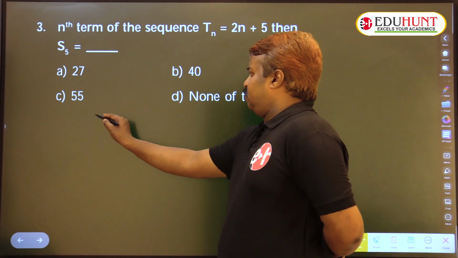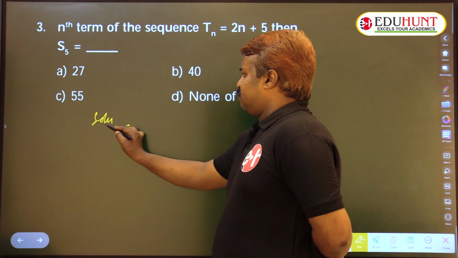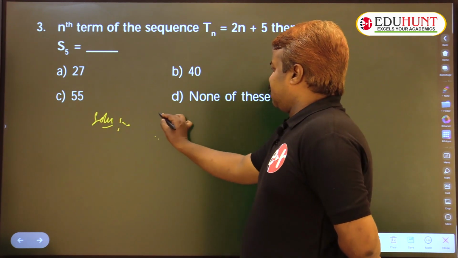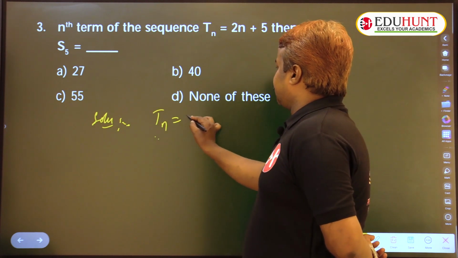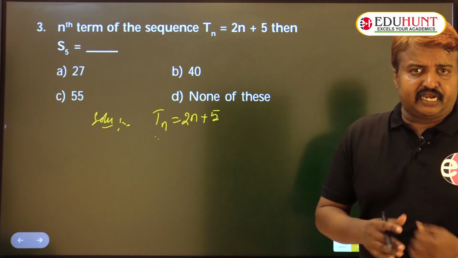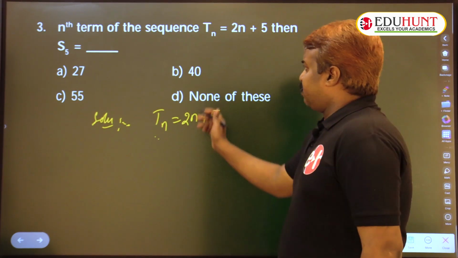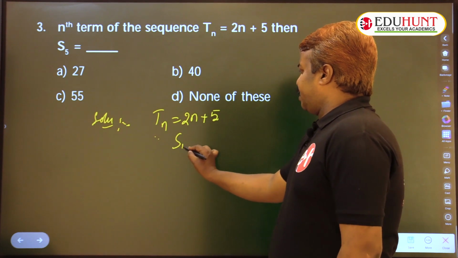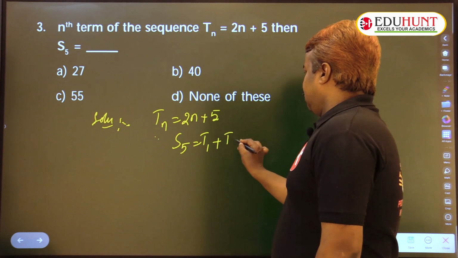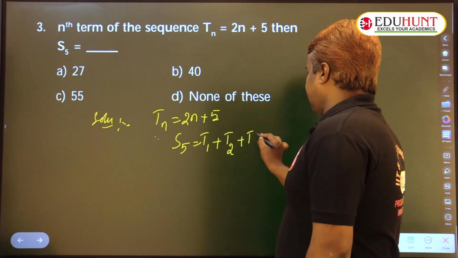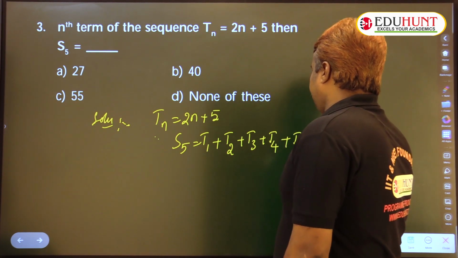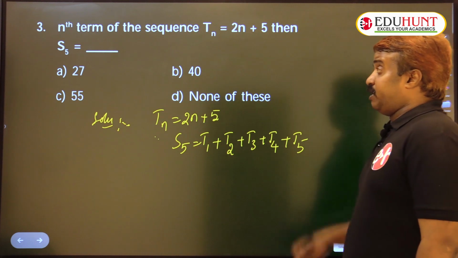So they are asking for the solution. Children, looking at the solution here, Tn is given as 2n plus 5. Then they asked S5. What is S5? The sum of 5 terms: T1 plus T2 plus T3 plus T4 plus T5. The sum of 5 terms is called S5, children.